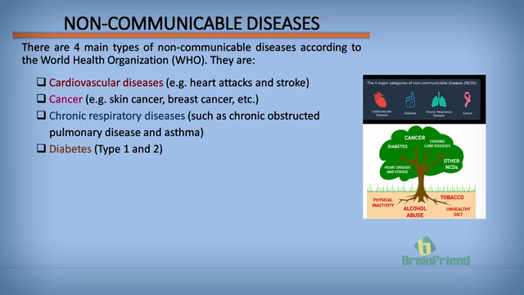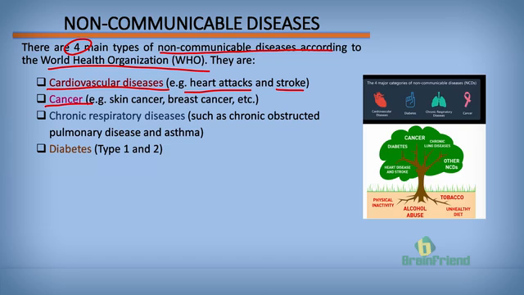Now, there are 4 main types of non-communicable diseases, and they are given to us by the World Health Organization. These 4 main types are cardiovascular diseases, and under this type we have diseases such as heart attacks and stroke. Another type is cancer. We have different types of cancer.